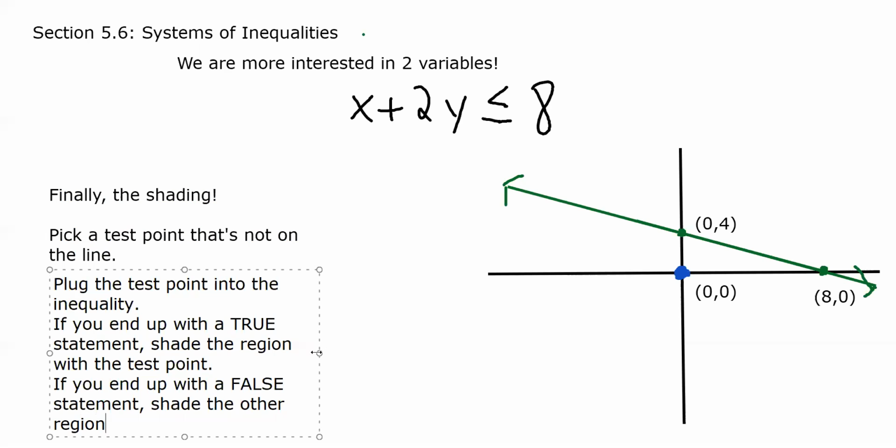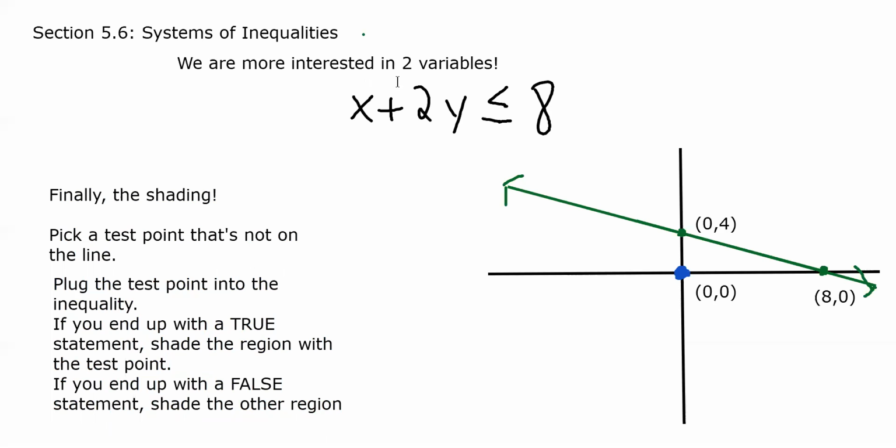So it's a really simple test. We're going to literally take 0, 0, plug it in for x and y, and if we created a true statement out of that inequality, we're going to shade the region that test point is in. Otherwise, we're going to have to shade the other region.